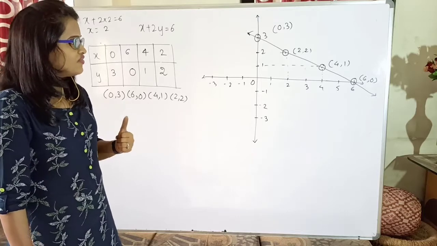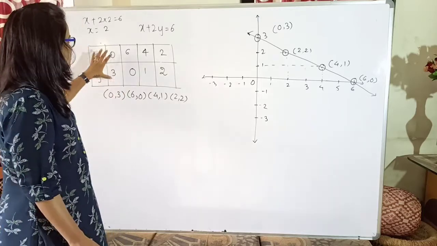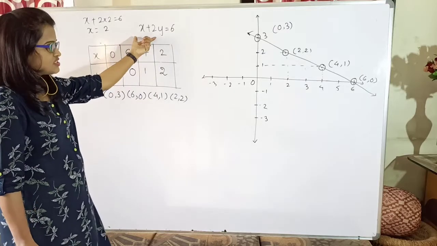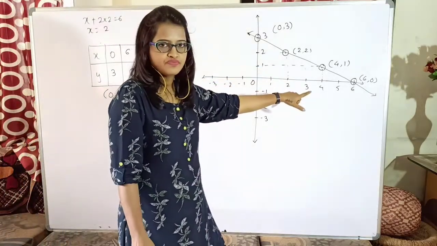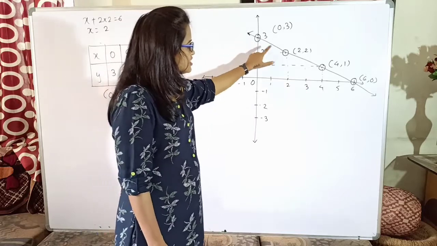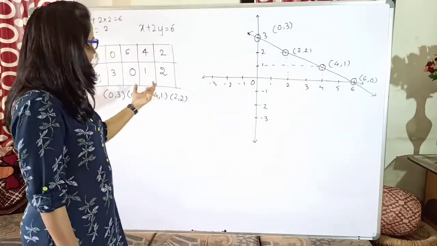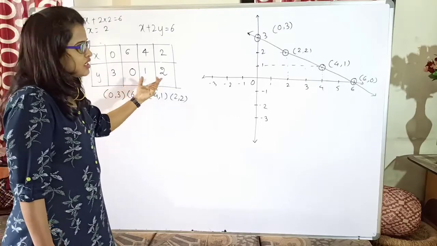Okay, so what we have done is we have considered different solutions of the given equation and accordingly we have plotted. It means all these points which are lying on the line are solutions, because that way only we have found the values.